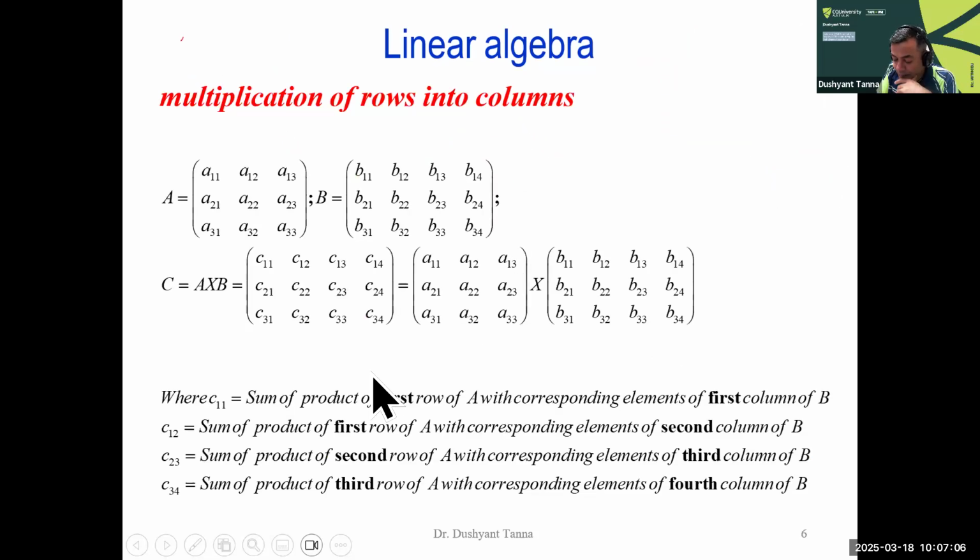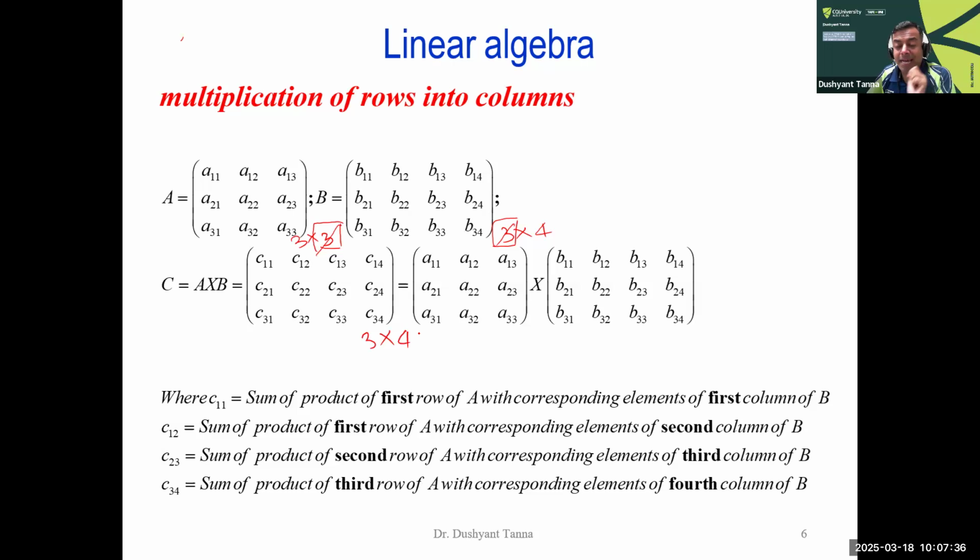Let's say we got a 3 by 3 matrix, 3 rows, 3 columns, and a second matrix with 3 rows, 4 columns. So the number of columns of A is the same as the rows of B. If that happens, the new matrix that will be formed will be 3 cross 4, 3 rows, 4 columns.